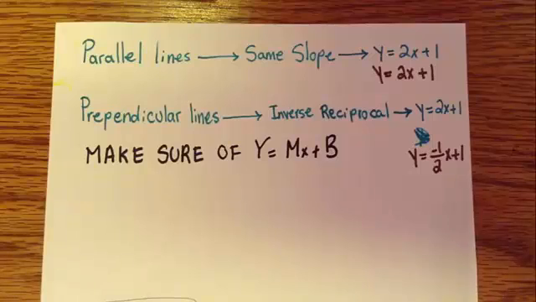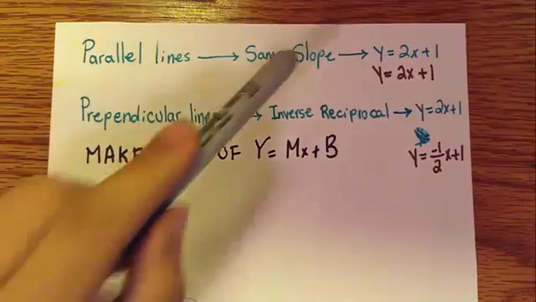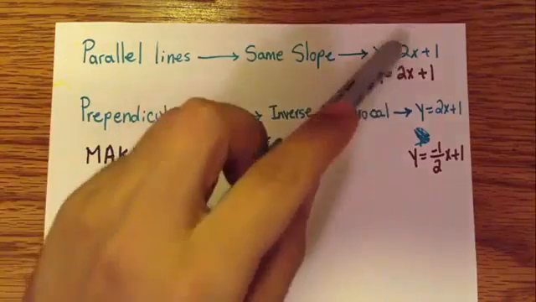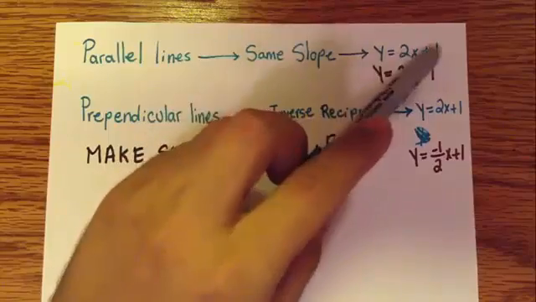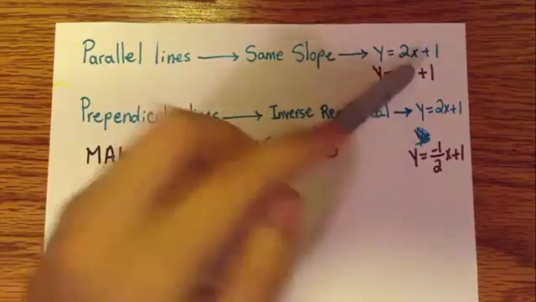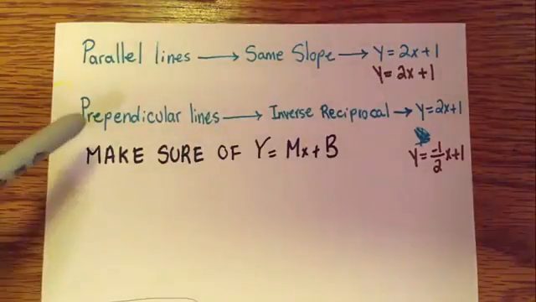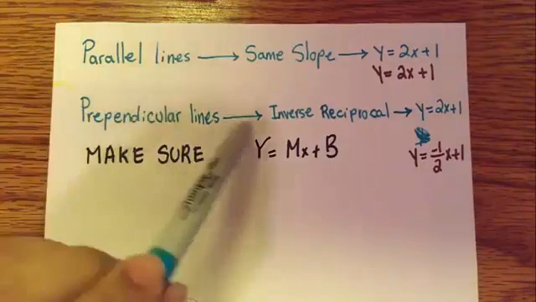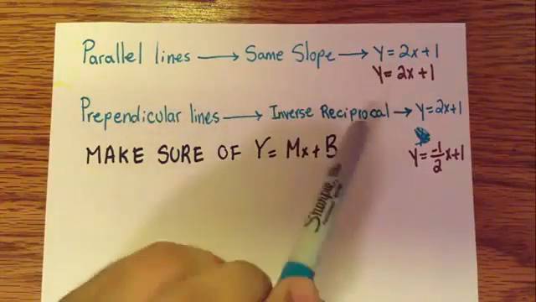I thought to make a little cheat sheet for you guys to make this even easier. If you have a parallel line, you're going to have the same slope. For example, if we have something like 2x plus 1, your slope is just going to be the same. That's pretty much all it is. If you have a perpendicular line, make sure to use the inverse reciprocal formula.